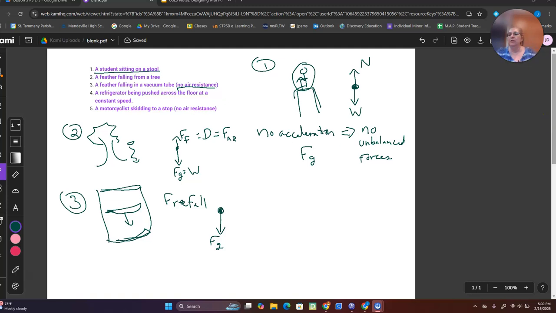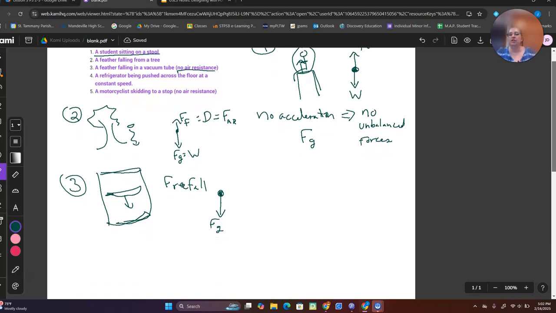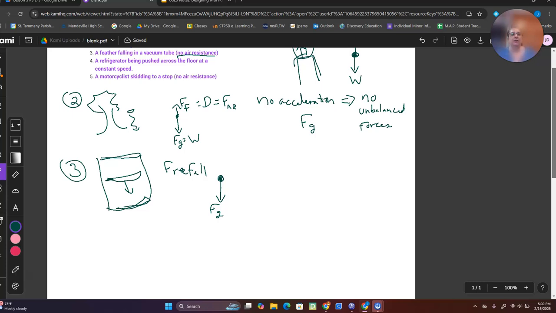All right, so we do have a couple of additional scenarios to look at. The first one is a refrigerator being pushed across the floor at a constant speed.